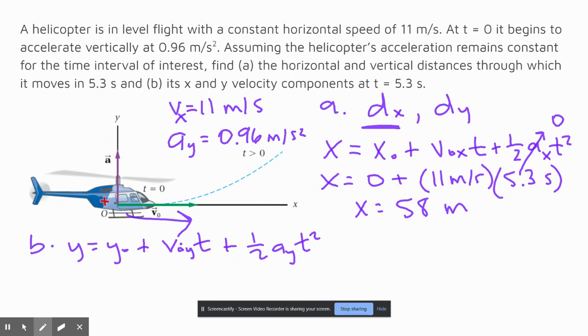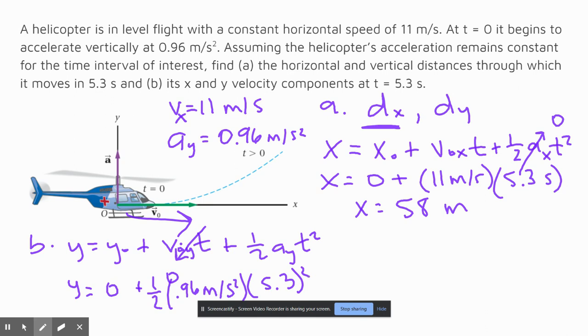Well, this time we don't have a velocity in the y direction, so that goes to 0. Our initial position in the y direction is also 0, plus 1/2 times our acceleration, 0.96 meters per second squared. And again, we multiply that by 5.3, but we have to make sure to square it.